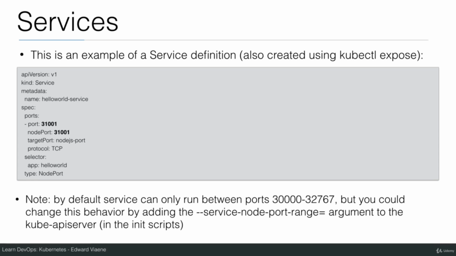You would then have to make sure that you don't have collisions with ports that are already used on the node. Typically, this is already a good setting. If you want to use a default HTTP port, then you're just going to put an AWS load balancer in front of it. In the next demo, I'm going to create this service of type node port.